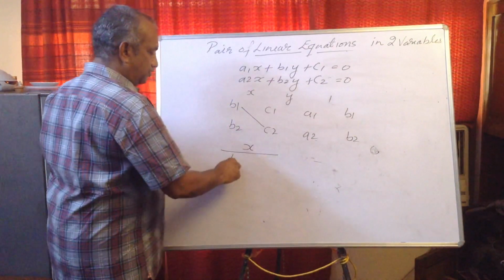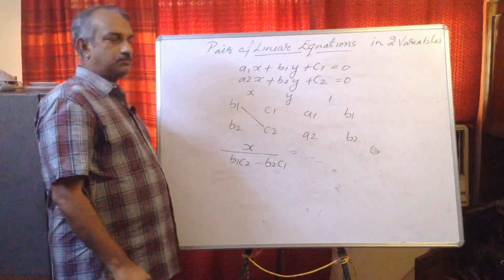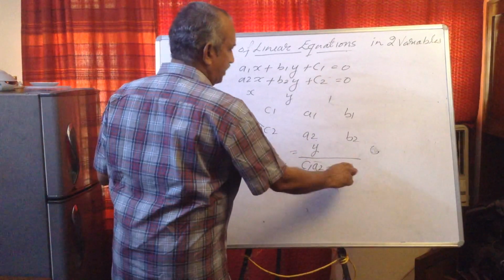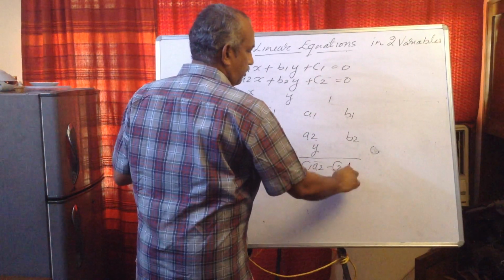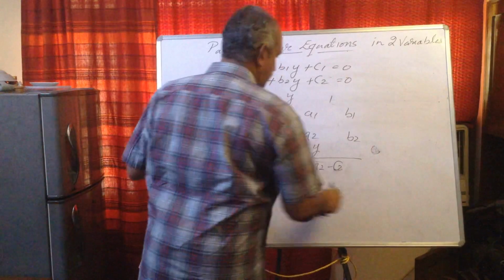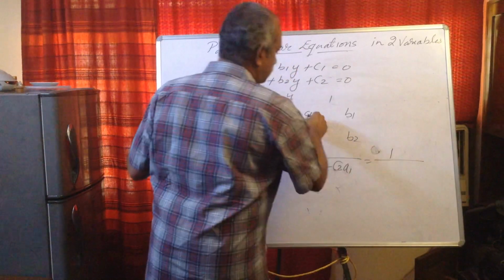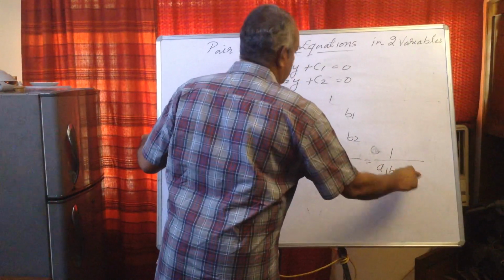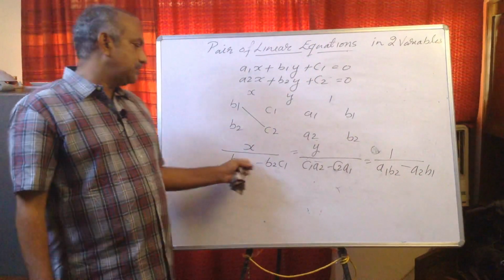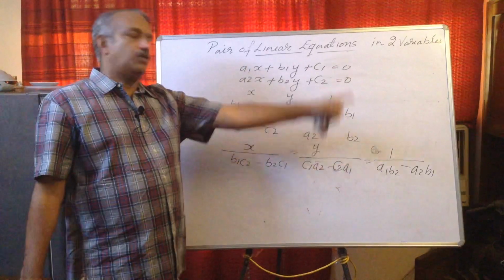So x upon b1c2 minus b2c1 is equal to y upon c1a2 minus c2a1 is equal to 1 upon a1b2 minus a2b1. Since a1, a2, b1, b2 are all numbers, we'll get x upon something, y upon something, 1 upon something.